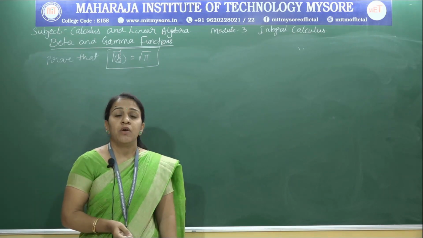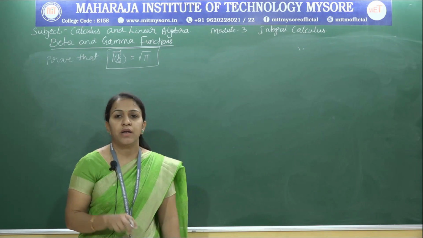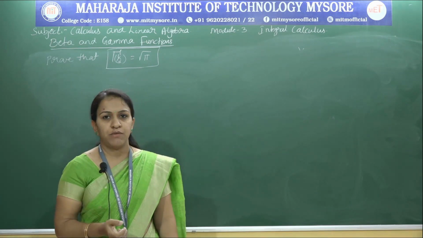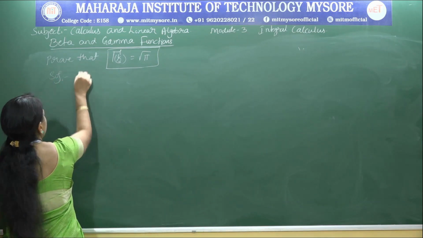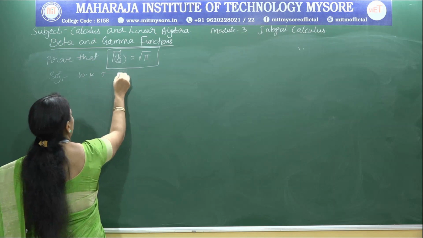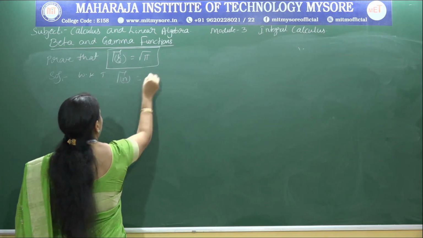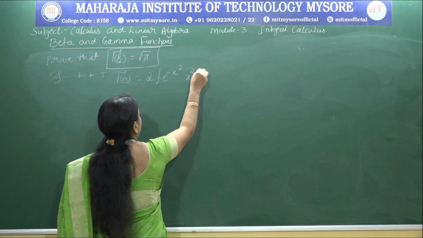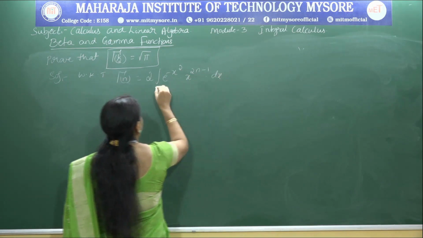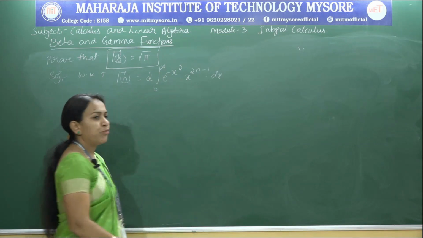To prove the result, we know another way of defining the gamma function. Yes, that is we know that gamma n is equal to 2 times the integral of e power minus x square into x to the power of 2n minus 1 into dx between the limits 0 to infinity.